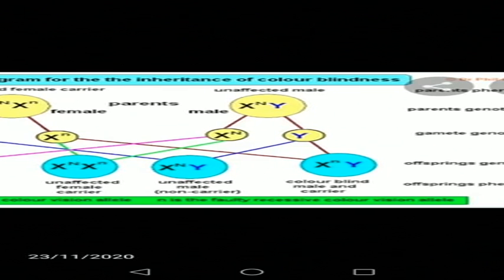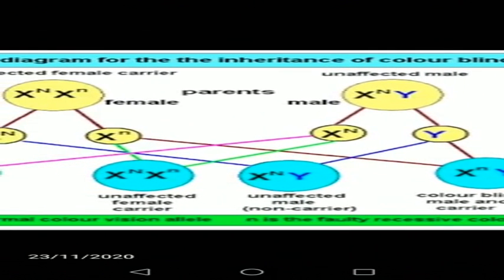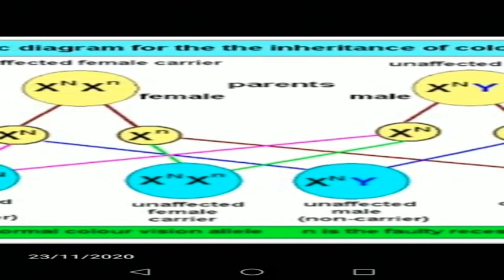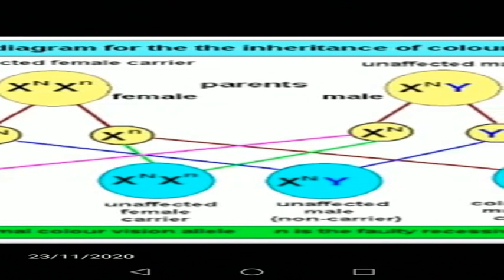It is transmitted directly from father to son, because males inherit the Y chromosome from the father. Females inherit only the X chromosome from the father and are not affected. The Y chromosome comes from the father, so the son may get hair on the external ear pinna. That is the inheritance of Y-linked gene.